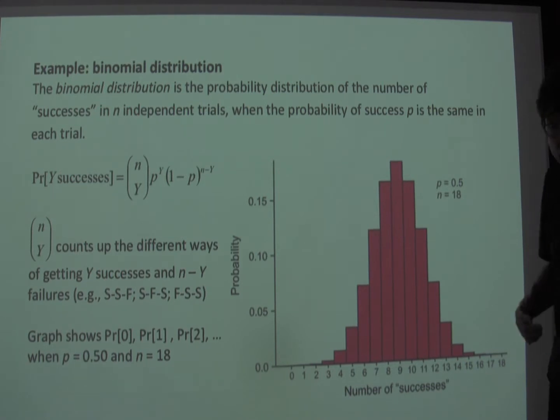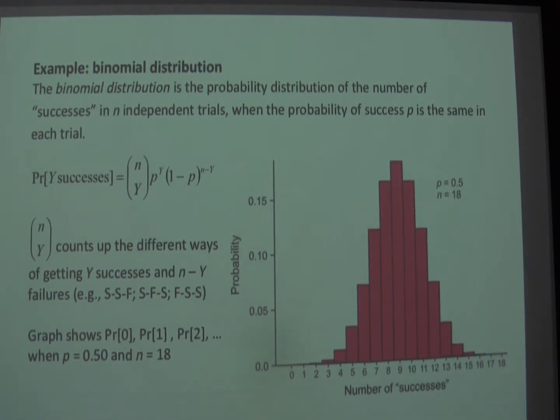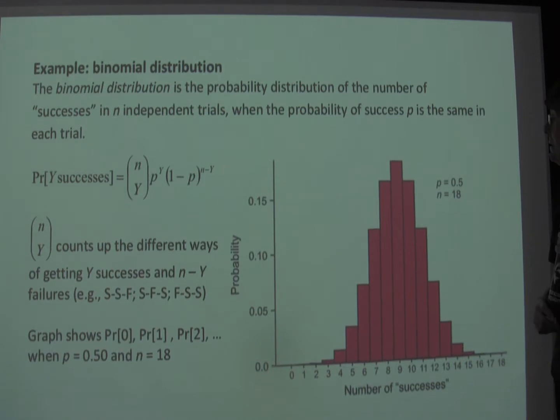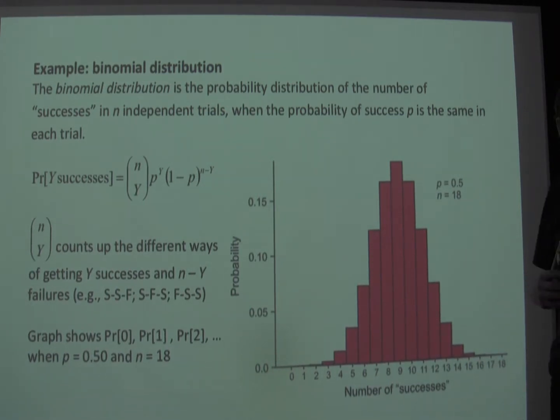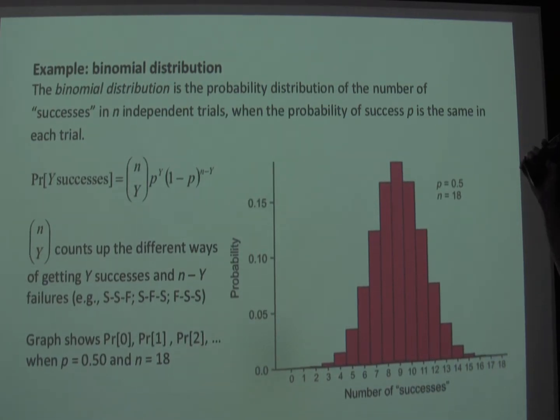And one of the distributions that we learn in introductory stats and that is used quite often in biology is the binomial distribution. So I'm going to quickly review the binomial distribution because I'm going to use it to illustrate likelihood.